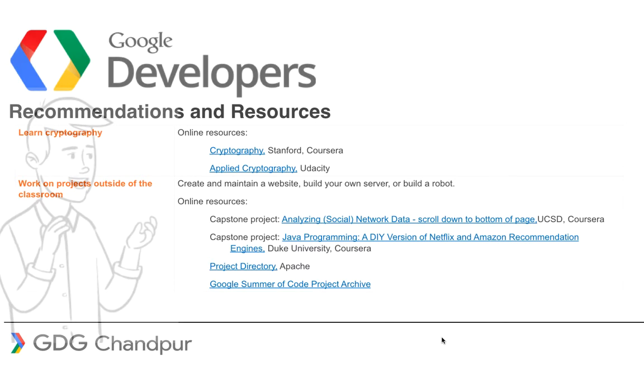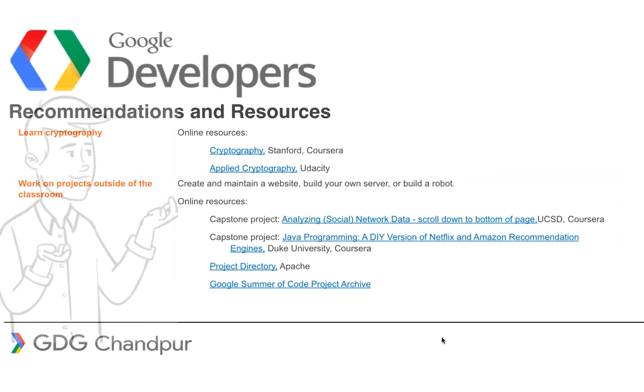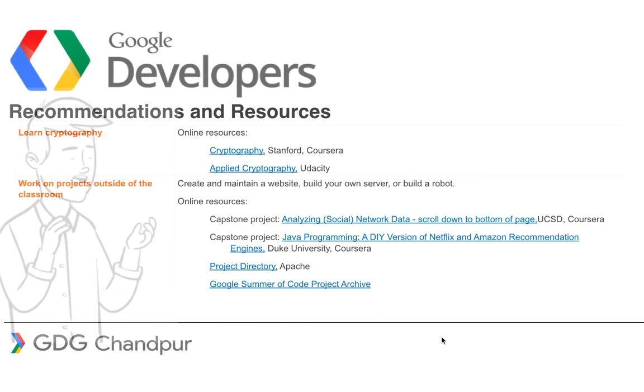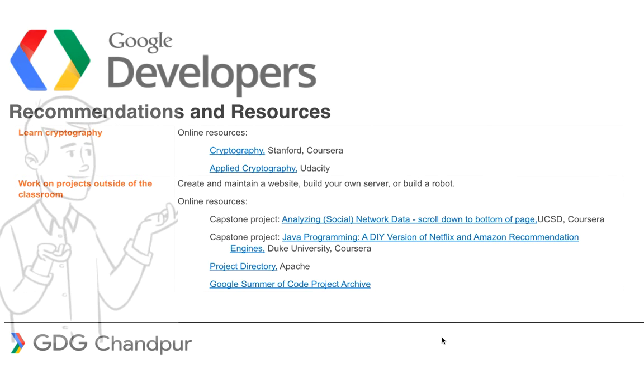Online resources. Capstone Project: Analyzing social network data, UCSD, Coursera. Capstone Project: Java Programming, a DIY version of Netflix and Amazon recommendation engines, Duke University, Coursera.